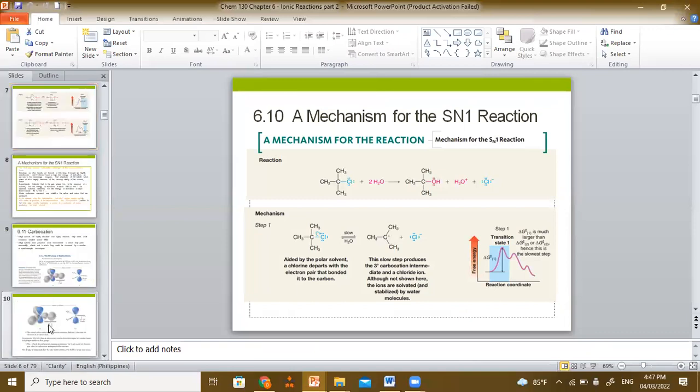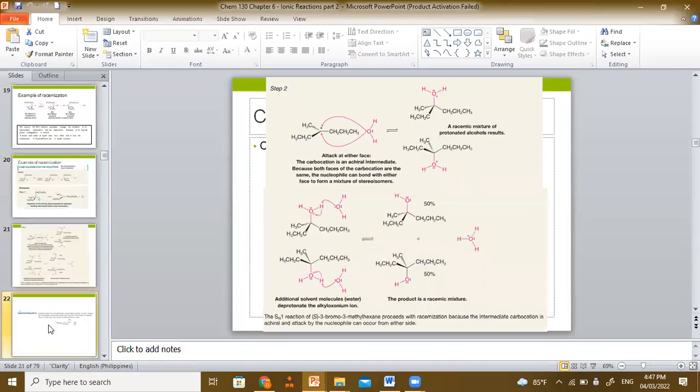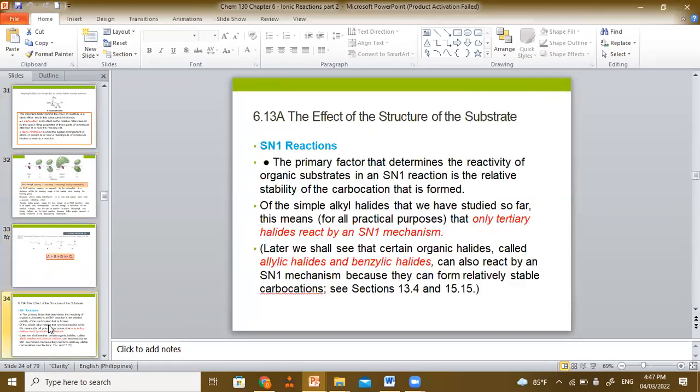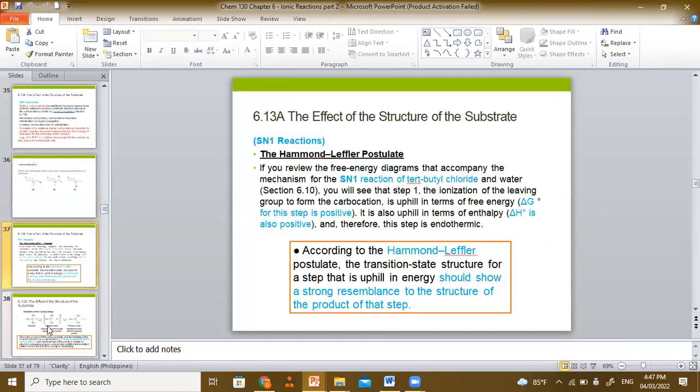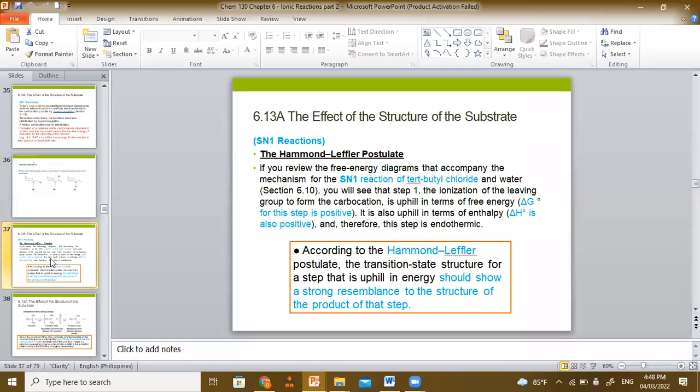It says here that there should be a strong resemblance to the structure of the product of that step. So if you notice, the transition state should be close to the product of that particular step. Now, when you see the energy diagram for the reaction coordinate, I don't know if you understand what I'm talking about.